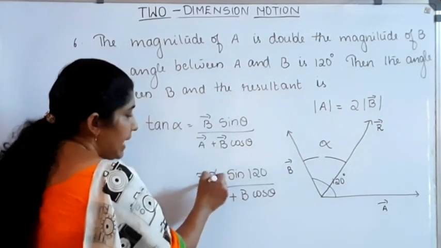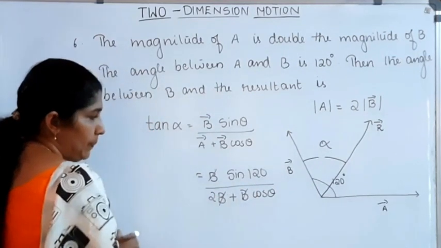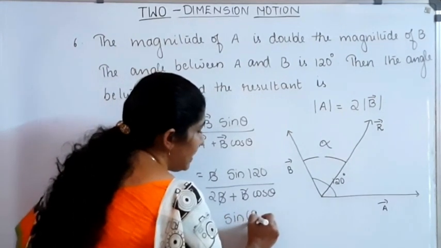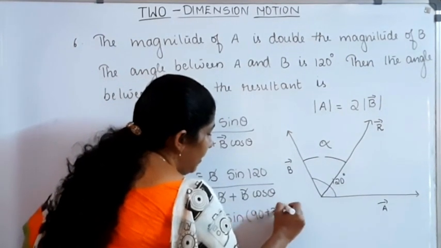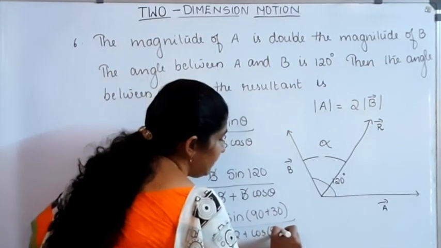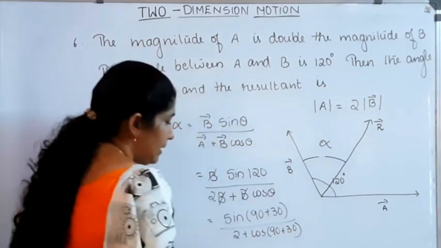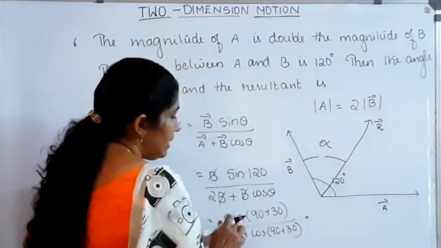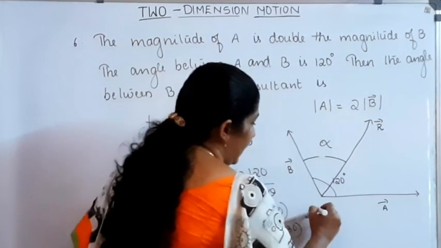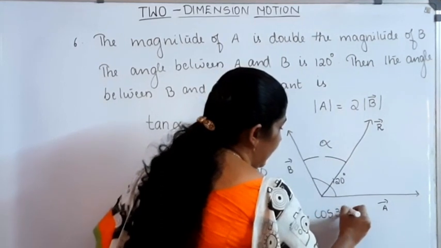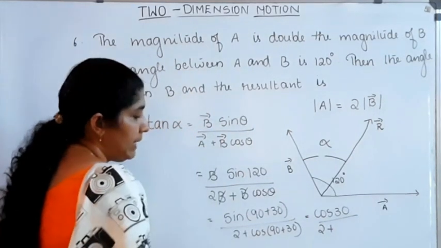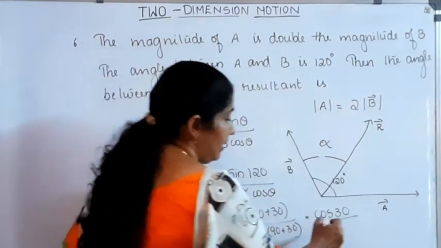Okay. We can cancel B from all terms. That's equal to sin 120, that is sin(90 plus 30), divided by 2 plus cos(90 plus 30). Sin(90 plus 30) is equal to cos 30, divided by 2 plus cos(90 plus 30), which is equal to minus sin 30.